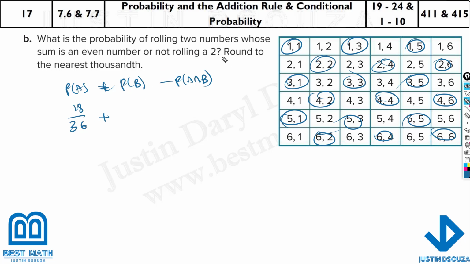Not rolling 2. Let me just change the color here. Not rolling 2 means I shouldn't have this. So let me just cut that off. Not rolling 2. This is not included. And this one as well. Why am I cutting this off? Because if there is a 2 over there, that should not be there.